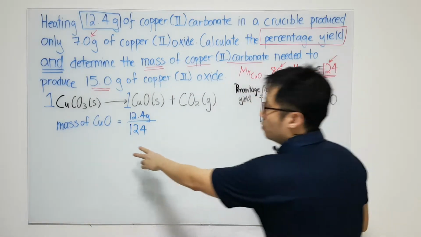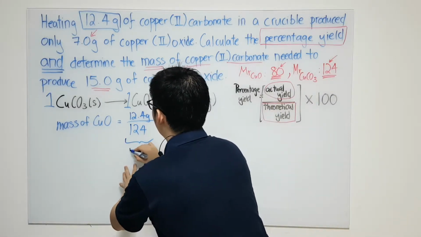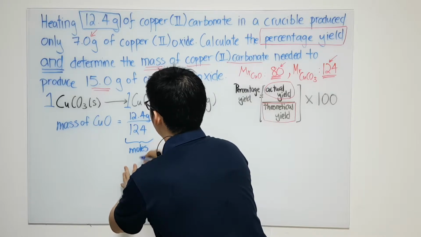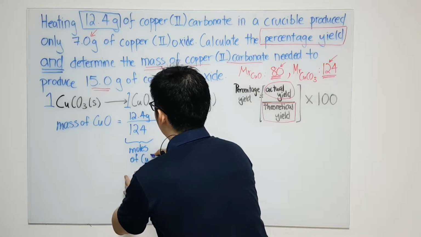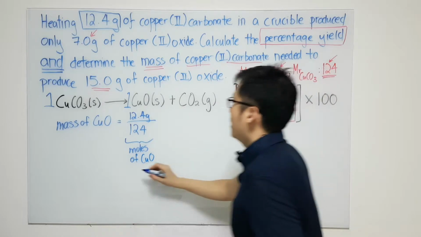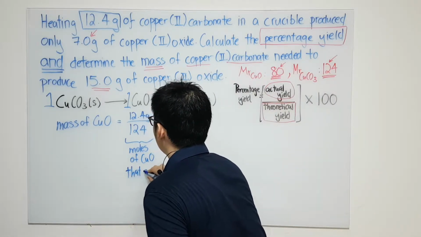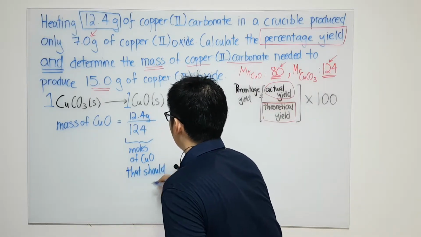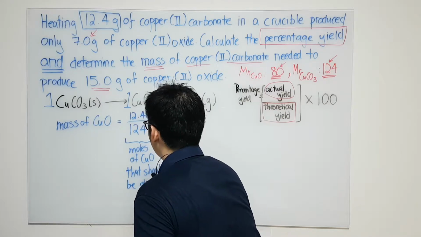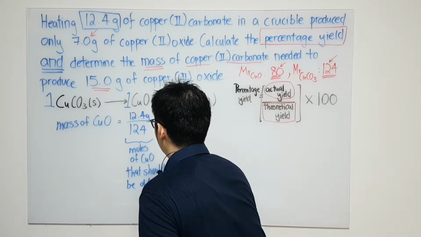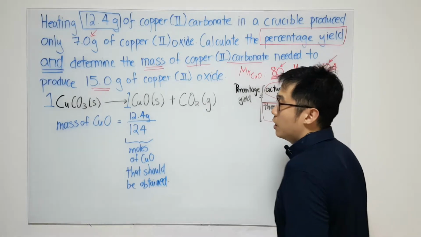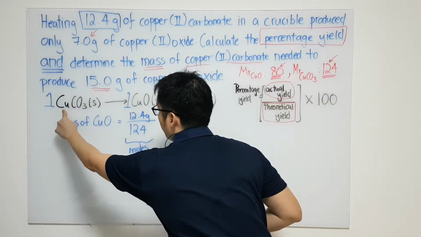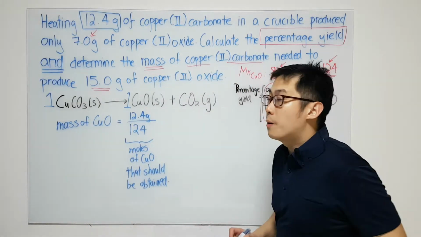Now this is the moles of my CuO that should be obtained, because in this case, 1 mole of copper carbonate gives you 1 mole of copper oxide.